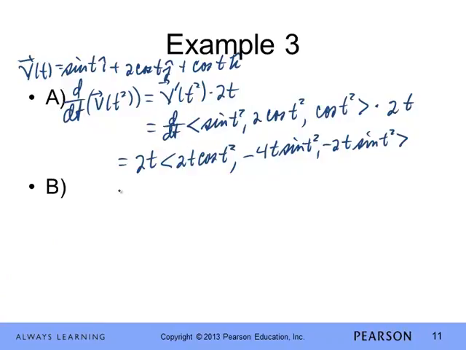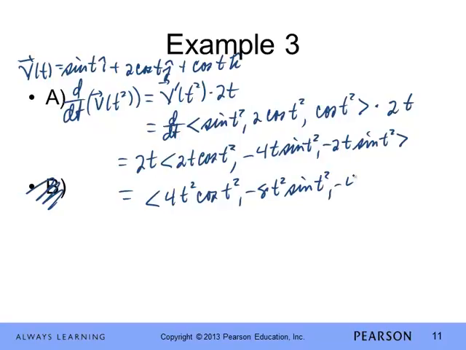And then we could even multiply through by that. So you'll have 4t squared cosine t squared, comma, negative 8t squared sine of t squared, comma, and then negative 4t squared sine of t squared. So there's the result of computing the derivative of v of t squared.